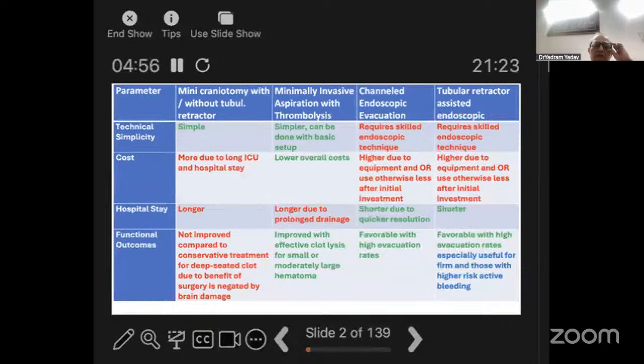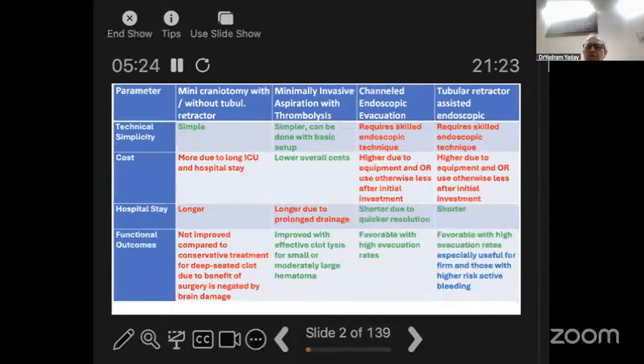Further analysis of these techniques: while mini craniotomy is a straightforward procedure, it is associated with longer ICU and hospital stay, and the controlled trials, stage 1 and stage 2, have not demonstrated any clear superiority of this technique over the conservative treatment.